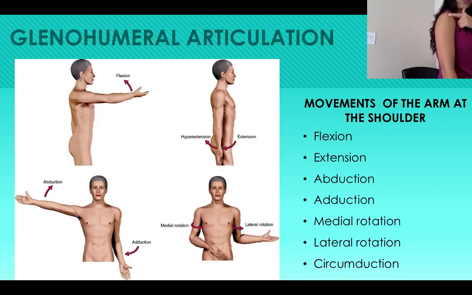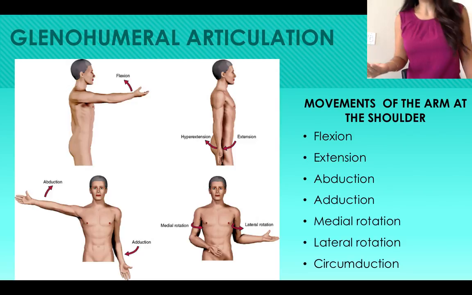My arm is the one moving and my shoulder is where the movement is happening. This is extension. Hyperextension. Flexion, extension, hyperextension. Frontal view, look, this is abduction, when you are moving the arm away from the body. And when you bring it down, this is adduction.